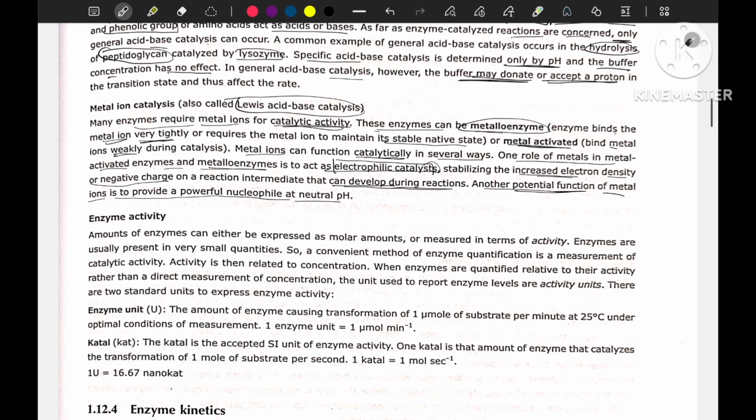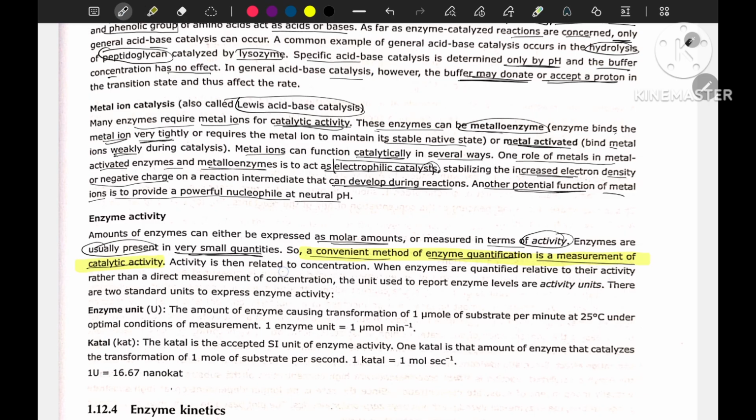Enzyme activity: the amount of enzyme can be expressed as molar amounts or measured in terms of activity. Enzymes are usually present in very small quantities, so a convenient method of enzyme quantification is the measurement of catalytic activity.